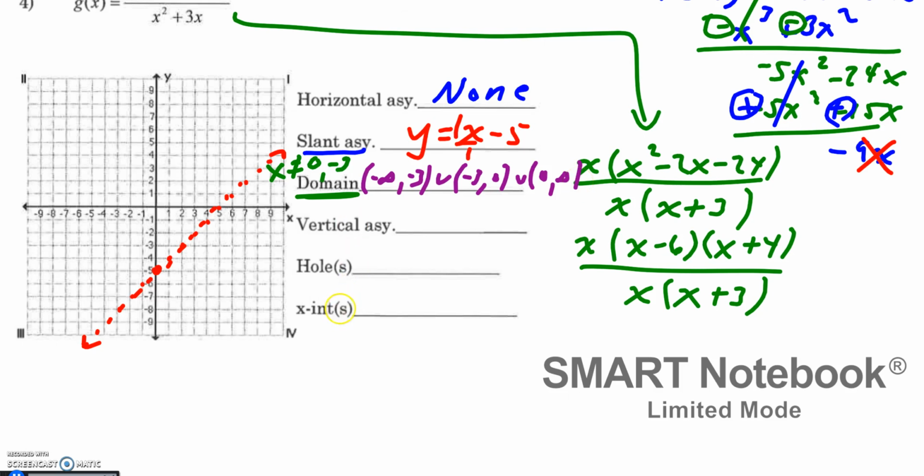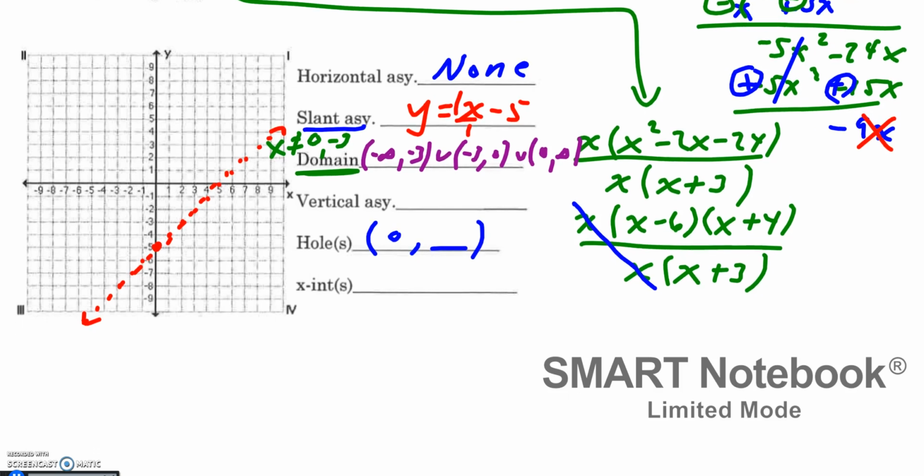The rest of these are all found by my factored version. What I notice is that I can't cross out any of these factors, but I can cross out a single pair of x's, which means that I do have a hole, and when I cross out an x, I get 0, not 1, and I need to figure out the y value that goes with that hole, or the x value in the hole.